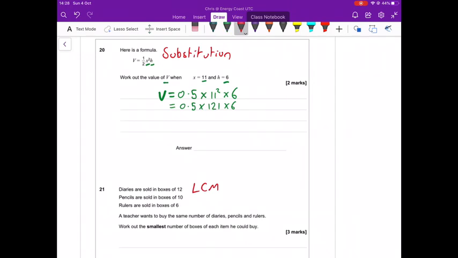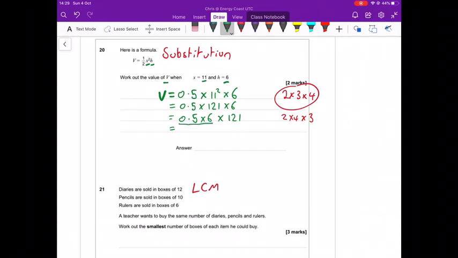Here's a little tip. If you had a really simple one, like 2 times 3 times 4, you'll get the same answer whichever way you times these things together. So I might do 2 times 4, which is 8, and times that by 3, for instance. This is how we're going to do this question. So I'm going to do 0.5 times 6 and times whatever that is by 121, because it's going to make life a bit easier. 0.5 six times, or half of 6, is literally all that means.